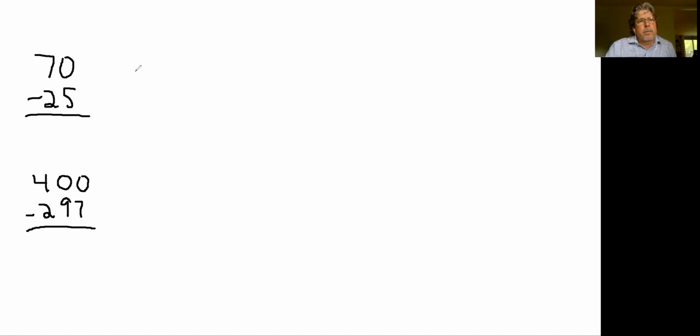So let's look at the example 70 minus 25, or in other words, 70 take away 25. Again, using place value thinking, the 7 means 7 tens. And to that, we also have 0 ones.